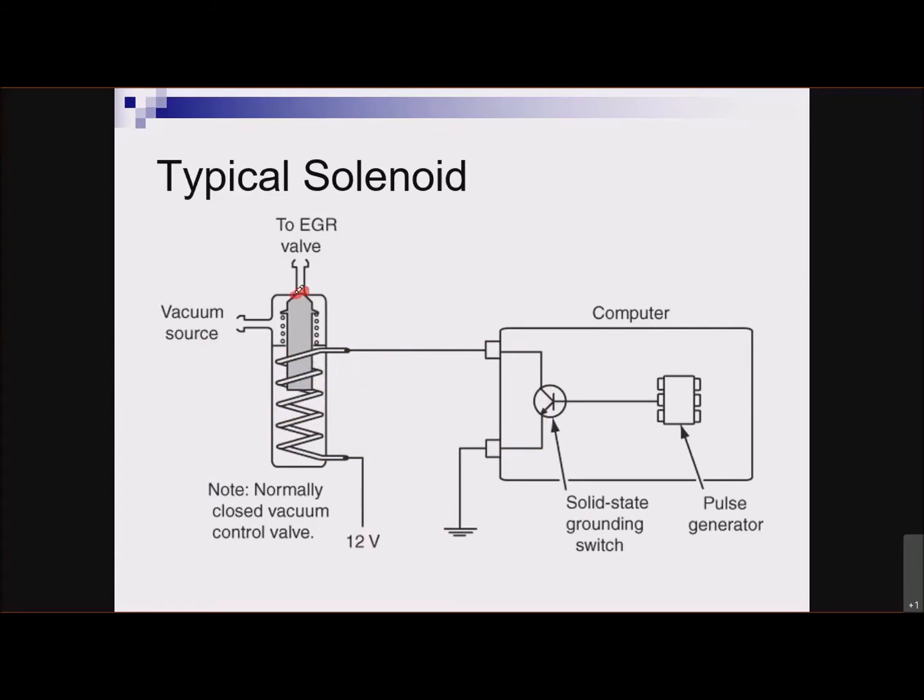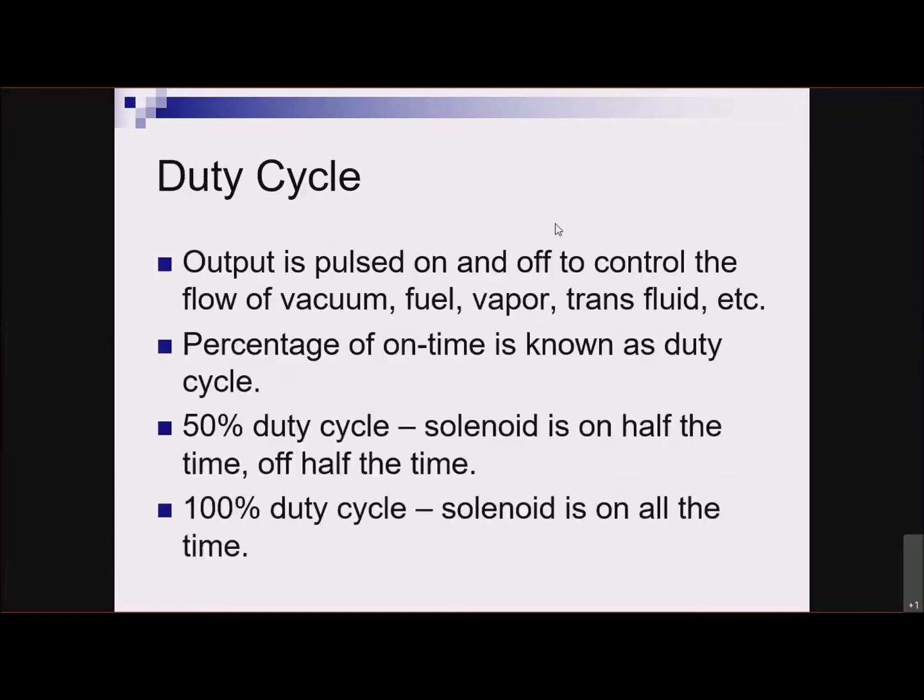Or not plugged, actually, something on the seat so that it doesn't seal properly, it would actually leak. So maybe vacuum or fluid would get through it when it's not supposed to. This used to happen to fuel injectors more regularly than it does now, but they would leak then. And so even though the computer wasn't turning them on, fuel would be coming out of them. Bad thing, right?